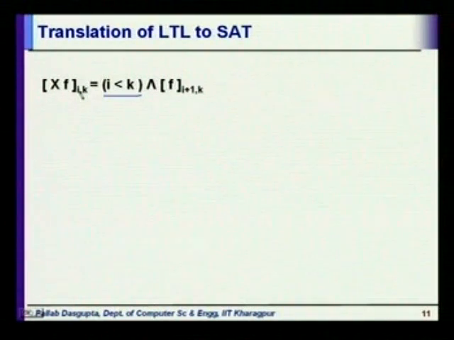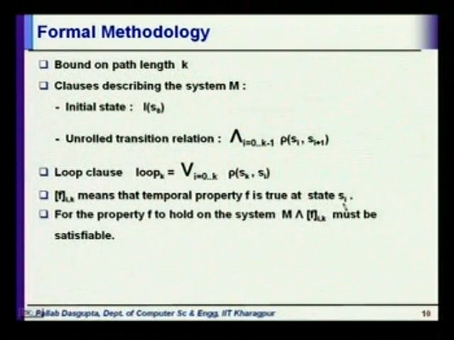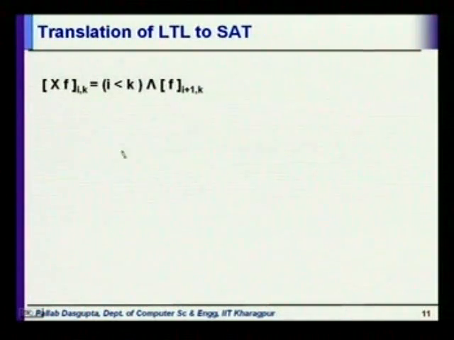Let us once again see. What does F_ik indicate? It means the temporal property is true at state Si, right. What is this Si? This is the cycles S0, S1, S2, S3. Each time frame is basically at state Si means that at the ith time frame. So XF_ik is true at the ith time frame if F is true at the i plus 1th time frame.